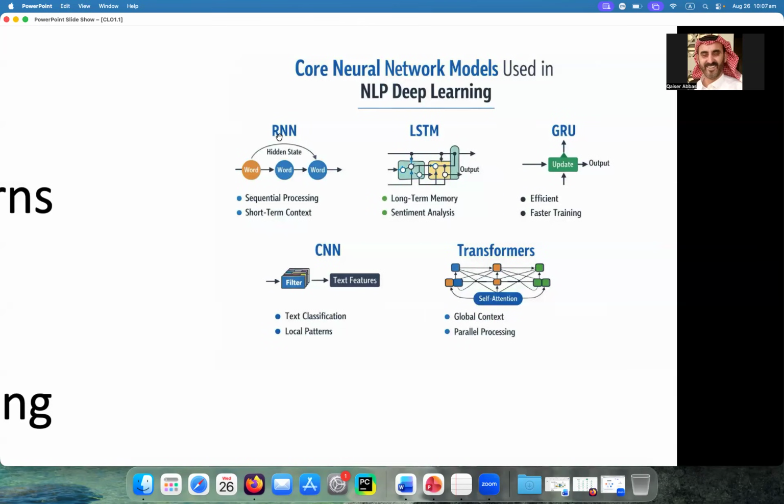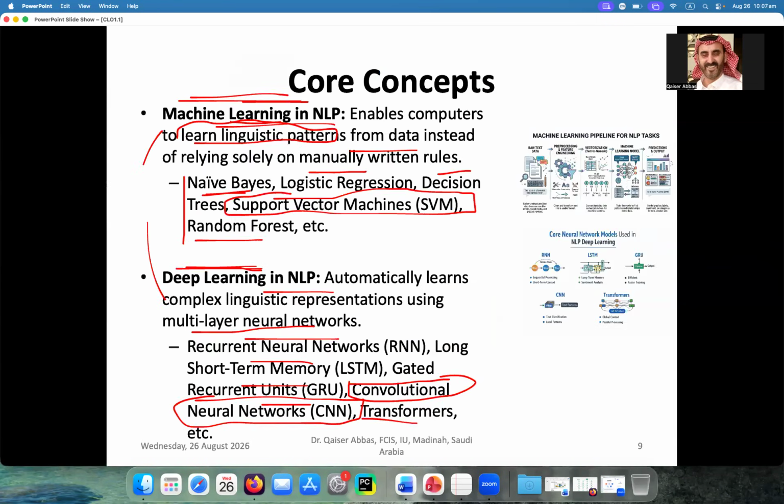And these are different models. We already have taken their names. Recurrent neural network, LSTM, GRU, gated recurrent unit, CNN, convolutional, and transformer. We will see their details one by one.